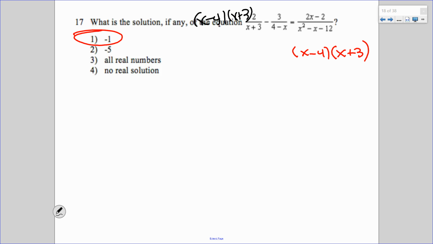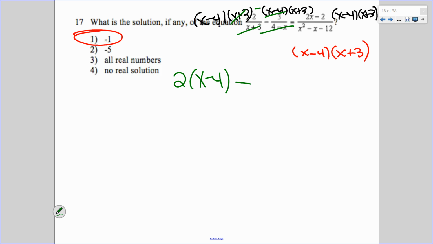So I'm going to multiply everything by x minus 4, x plus 3. X plus 3 cancels. I'm left with 2 times x minus 4 minus 4 minus x, and x minus 4 cancels to -1. So that's a negative and a minus becomes plus 3x plus 3 equals, cancels, 2x minus 2.